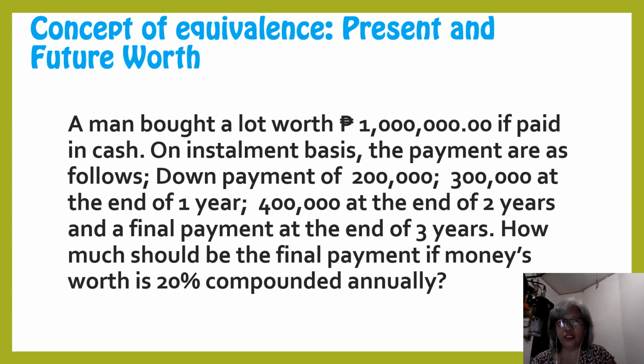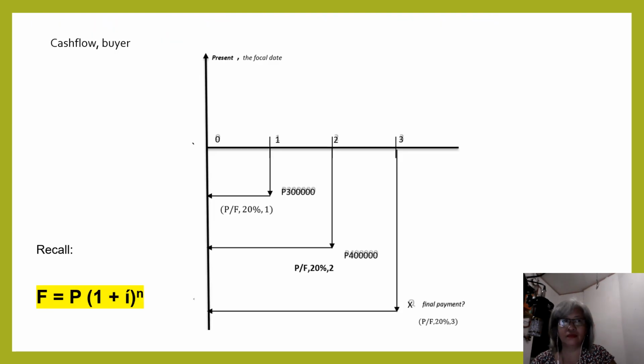Let us apply now the concept of equivalence by considering the present and future worth of all the money transactions involved in the problem. We will consider the cash flow again for the buyer, and let us recall the formula for present and future worth.